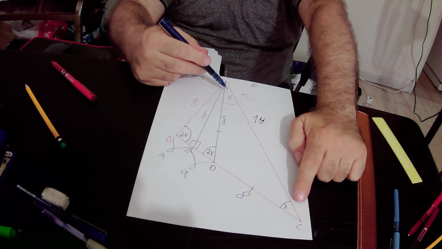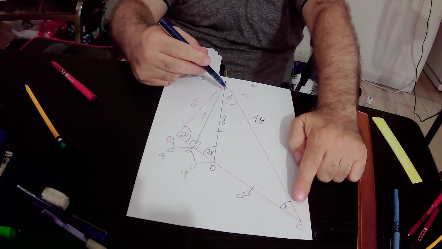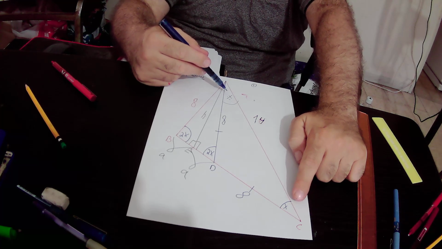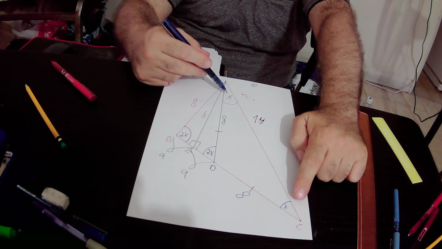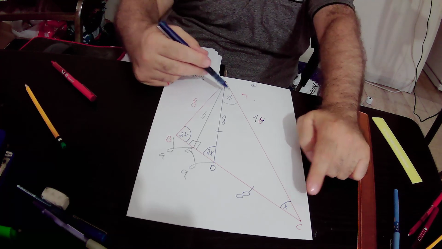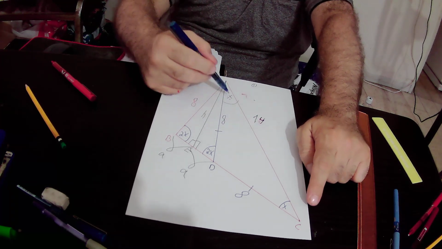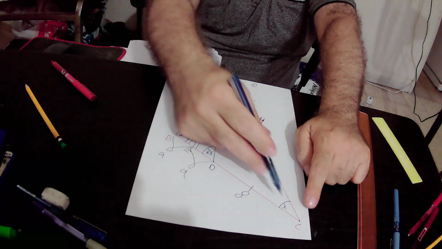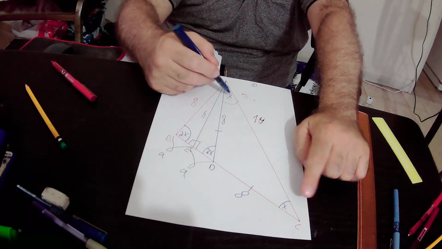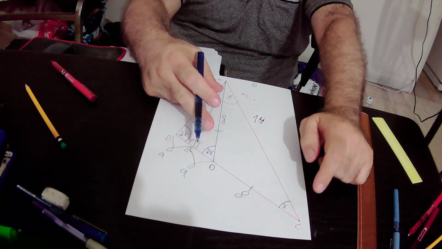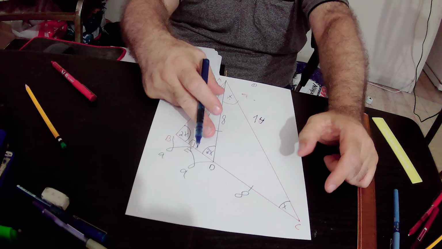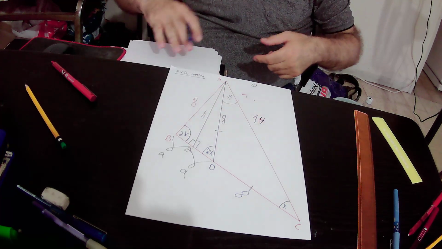That is to say, AC is the side in front of this angle, and in front of this angle we have AD. Therefore, according to rule number 1, AD equals DC.